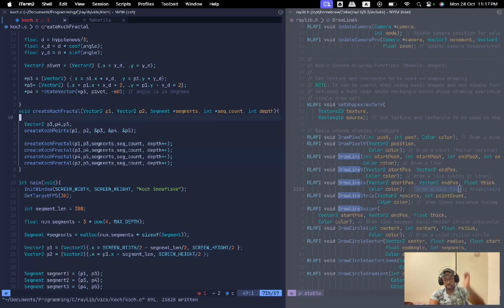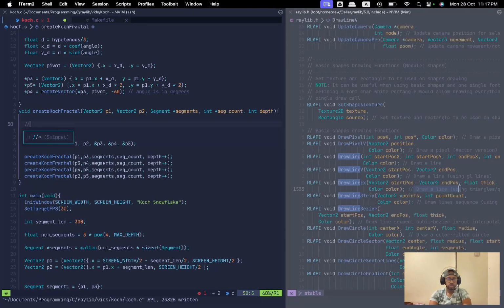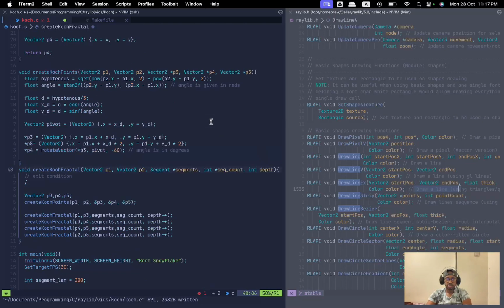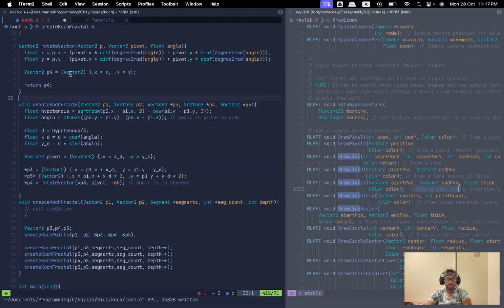Now what we need to do is we need to have an exit condition. Otherwise this recursion will go on forever. So when should we stop? We need to stop this iteration when the depths has reached the max depths.